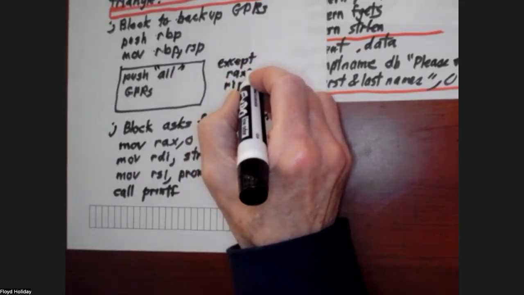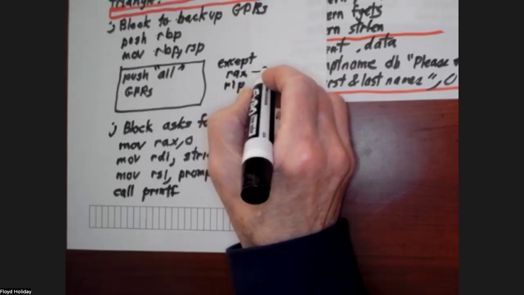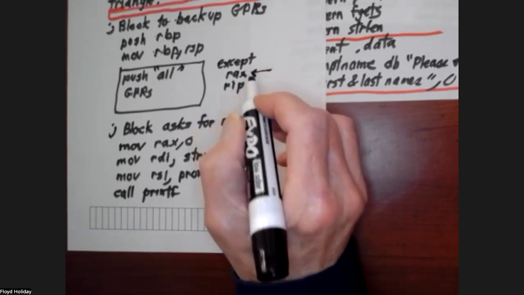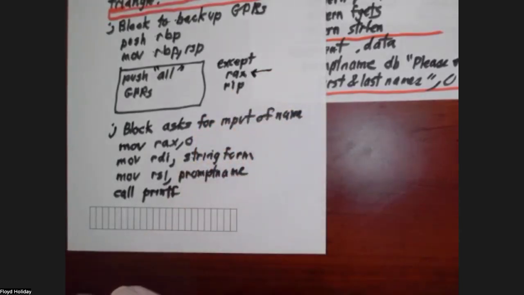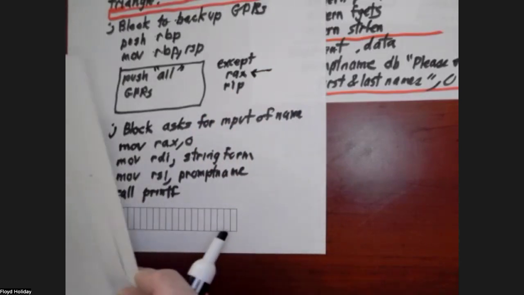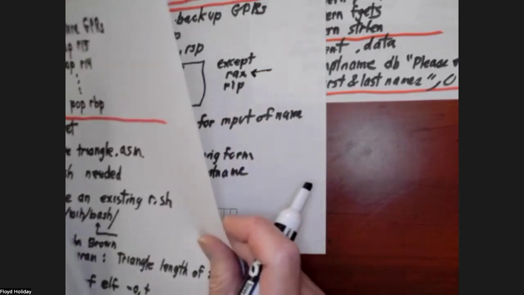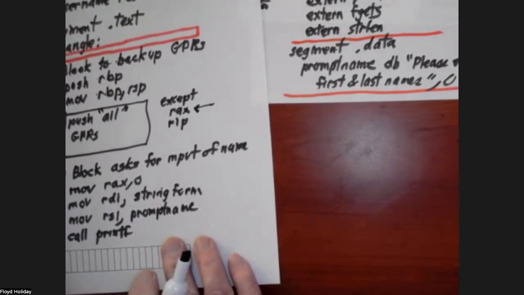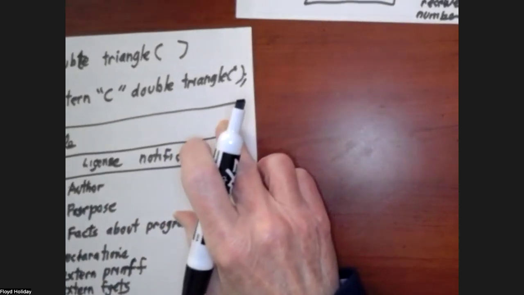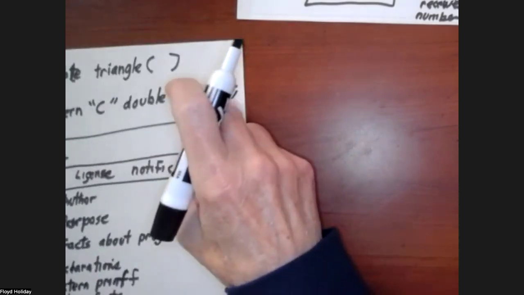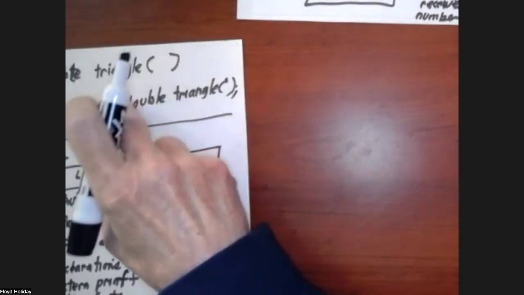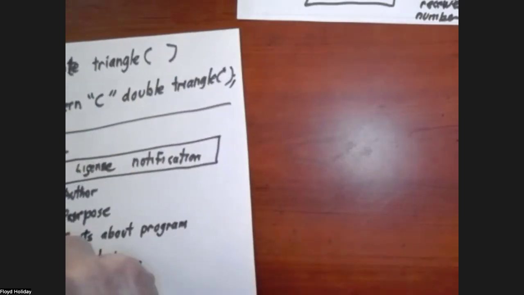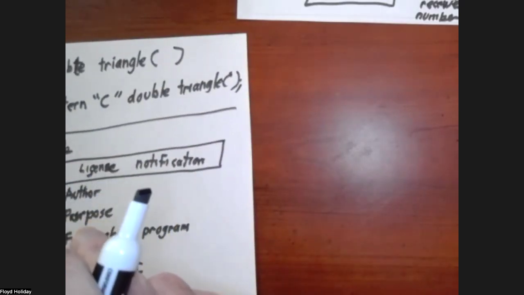RAX is a transport register, it's used to transport integers when the calling function, there's the prototype. I wrote the prototype here somewhere. Oh, here it is. How does triangle get that computed number back to geometry, back to the driver?